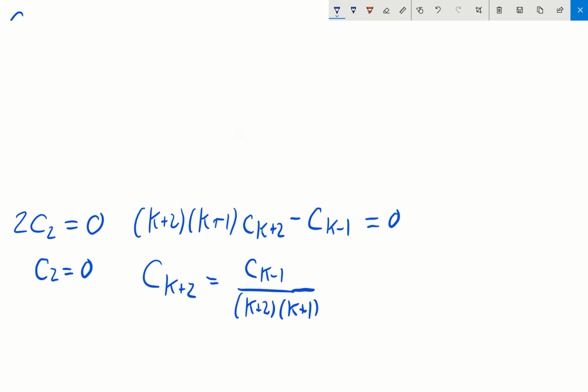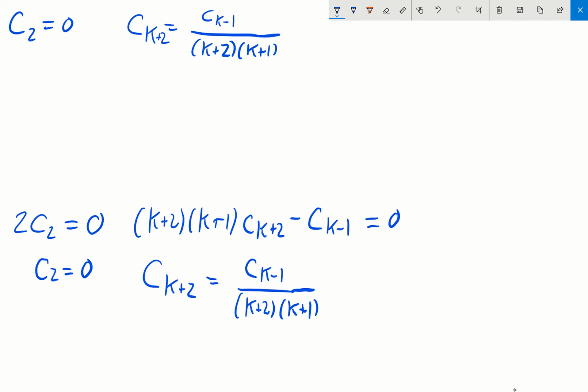So we already know that c2 is equal to 0. And now for our c of k plus 2, which is c of k minus 1 divided by (k plus 2)(k plus 1).